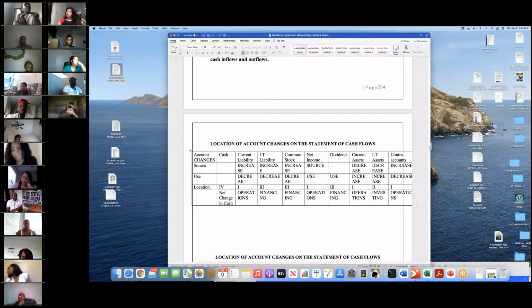Current liabilities go in Part 1, operations. Long-term liabilities go in Part 3, financing. Common stock goes in Part 3, financing. Net income goes in Part 1, operations. That's where it's supposed to be. Dividends go in Part 3, financing.